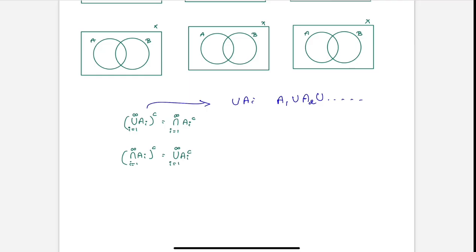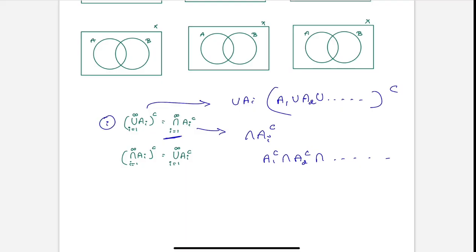You are taking the complement of it, and this is denoting that you are taking the intersection of the Ai complements, that is A1 complement intersection A2 complement intersection, and so on up to infinity.